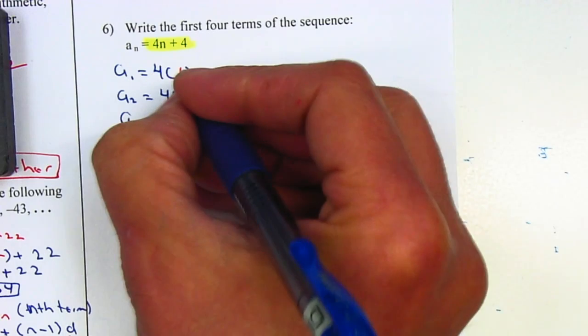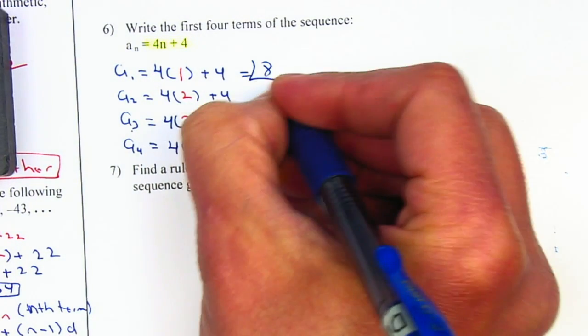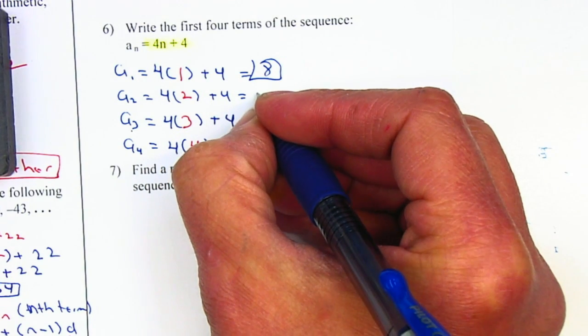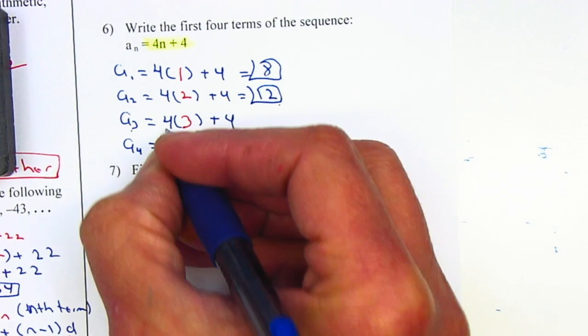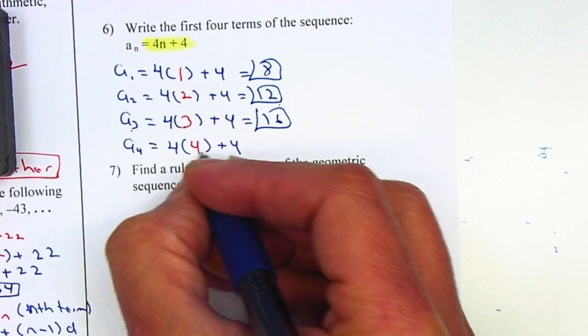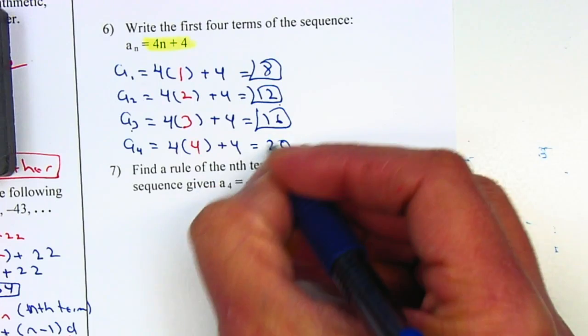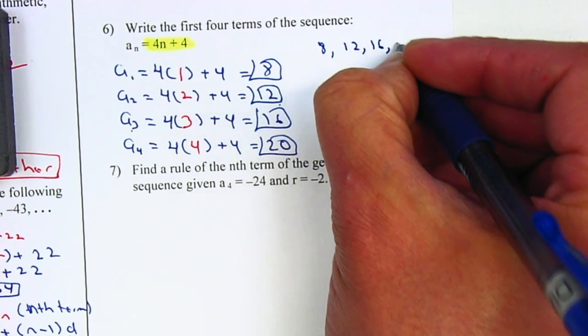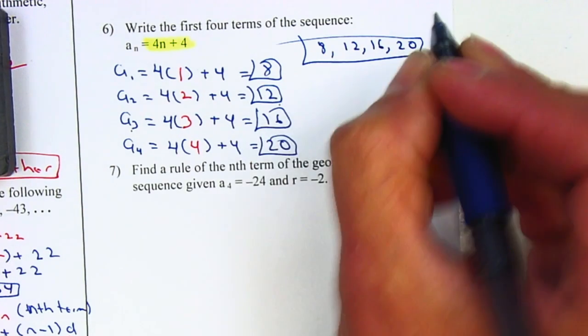So 4 times 1 is 4, plus 4 gives me 8. 4 times 2 is 8, plus 4 gives me 12. 4 times 3 is 12, plus 4 gives me 16. 4 times 4 is 16, plus 4 is 20. So the first term is 8, then 12, then 16, and then 20. Those are the first 4 terms.